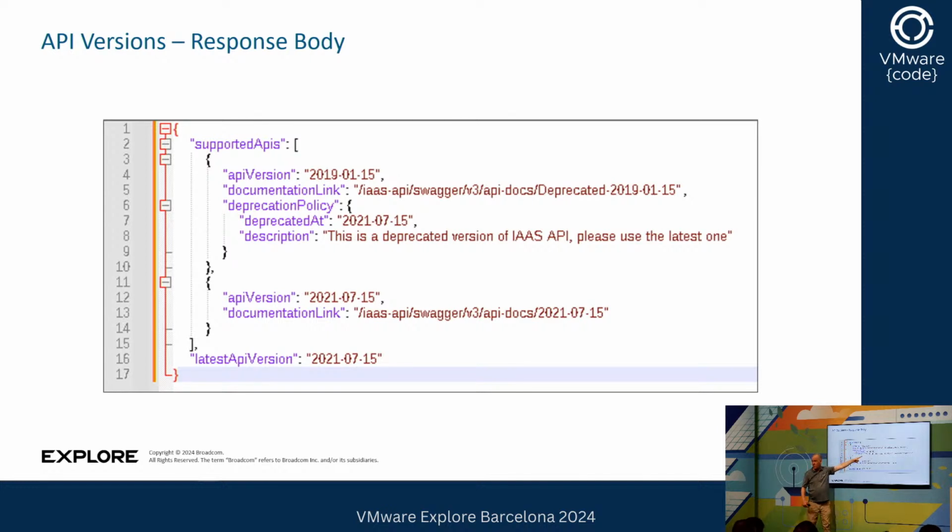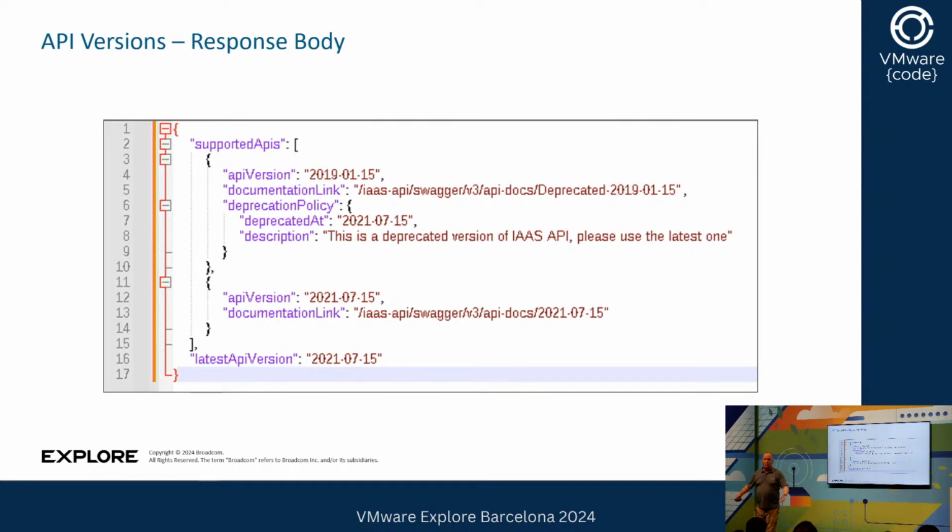There's a version called 2019-01-15. Anything interesting about that one that you see? Yeah, that one's old. It's deprecated, and the API will tell you that's deprecated. Don't use this. Continuing onwards, we have another element in our array. That element is for the 2021 version of this API, and that one's valid.